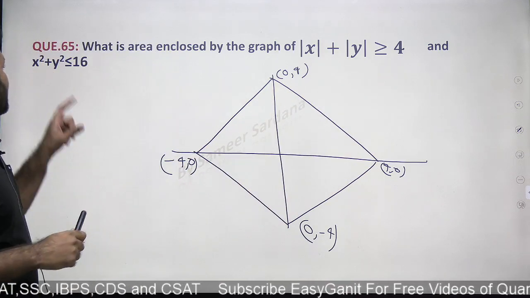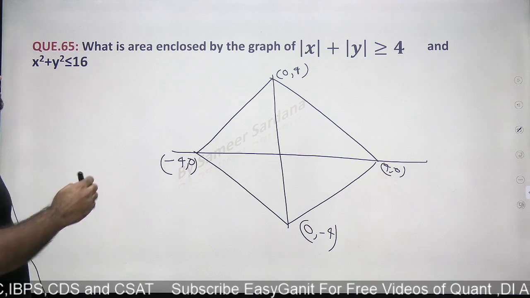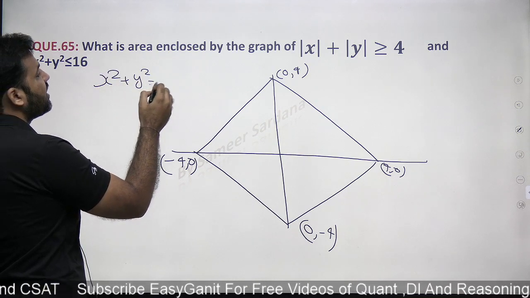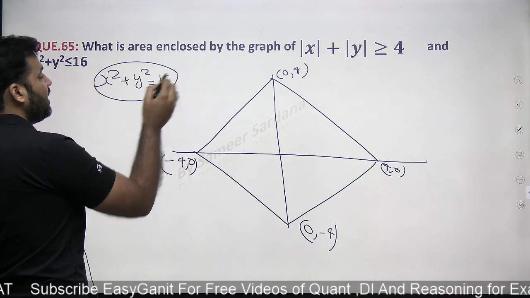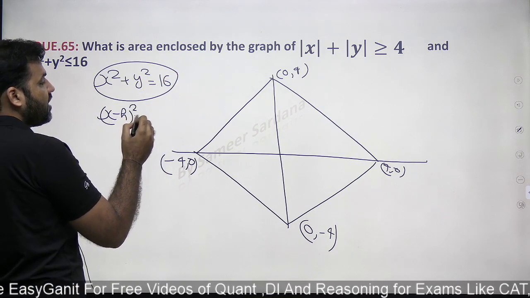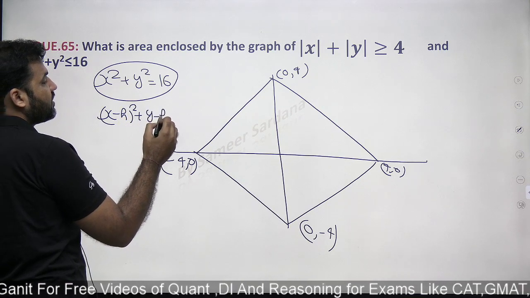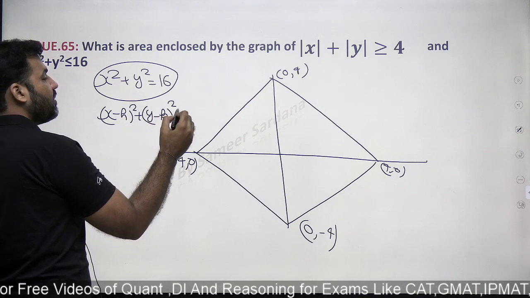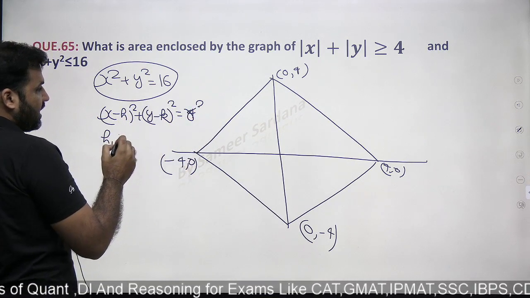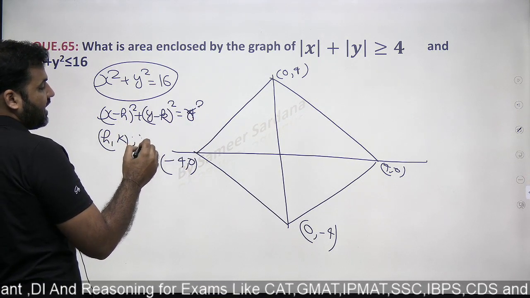Right? And then x² + y² ≤ 16. Now you see that x² + y² = 16 is nothing but the equation of a circle, because the standard equation of the circle is (x − h)² + (y − k)² = r². Here h and k are the origin and r is my radius.